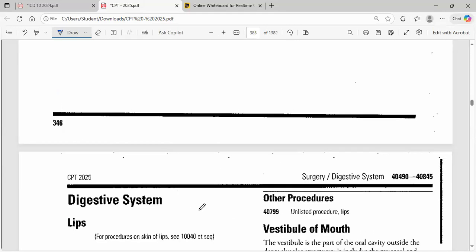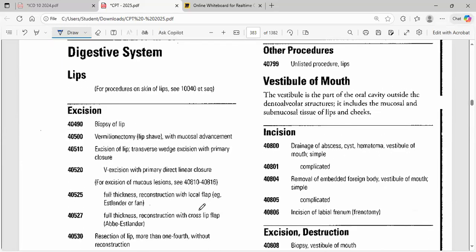Here we have the lips. In the lip, our codes begin from 40490 to 40761. These codes represent any procedure performed on the lips.